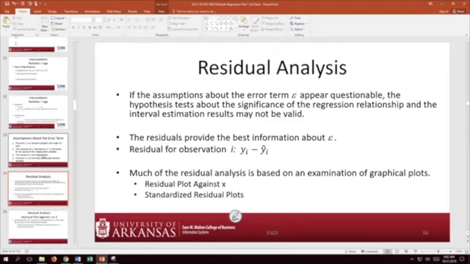All the residual analysis is what I didn't tell you when we were looking at this picture.